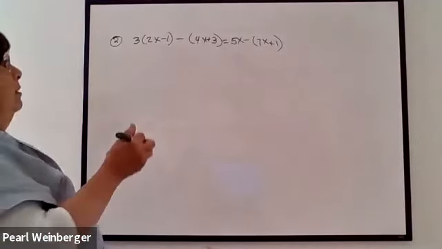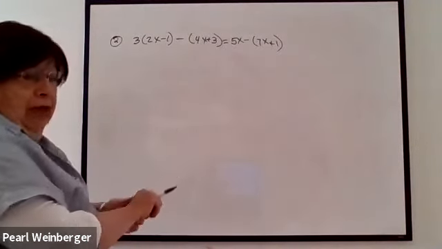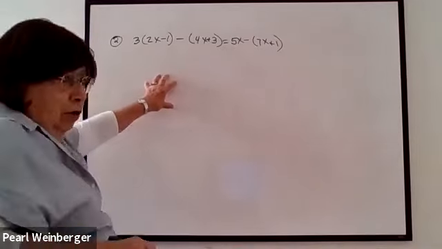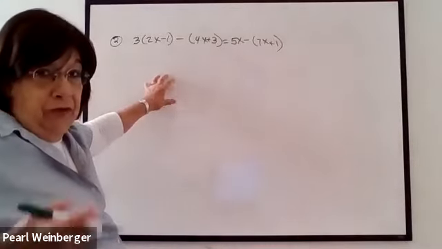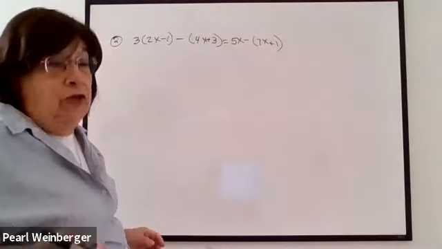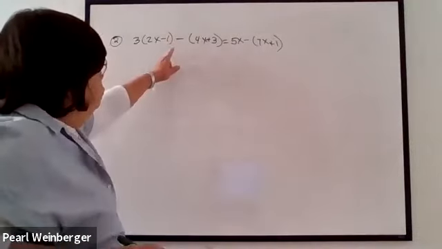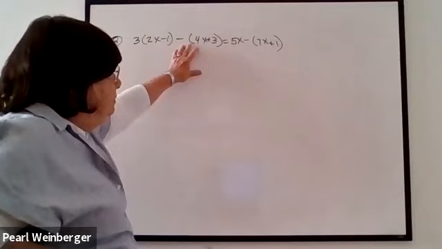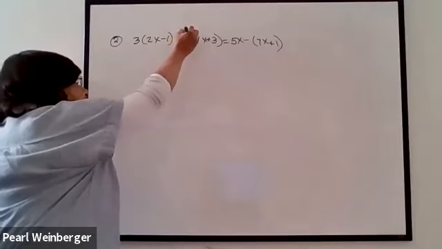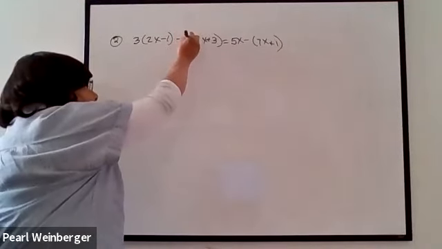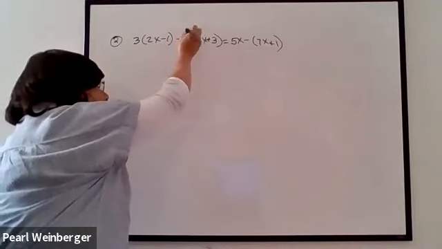And just like if you have an x standing alone and there's no number in front of the x, it means 1x, the same thing is true when you have a parentheses. It's as if there is a 1 in front of that parentheses.